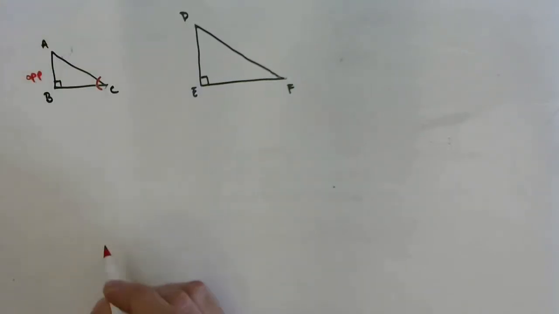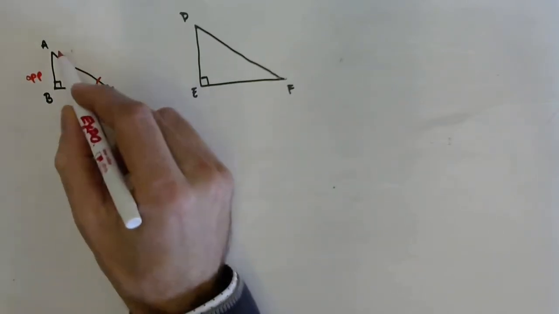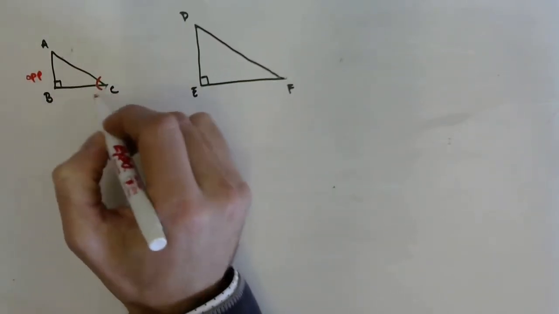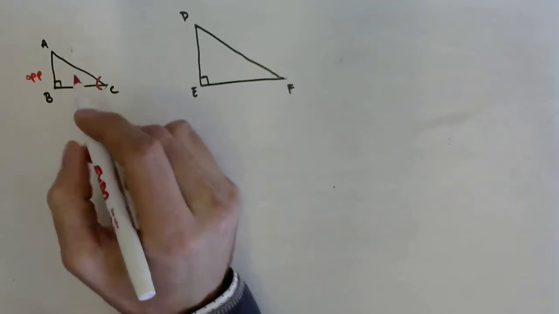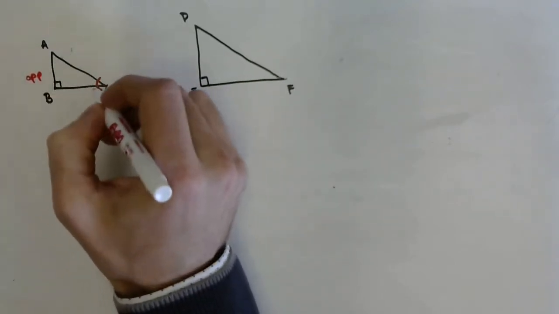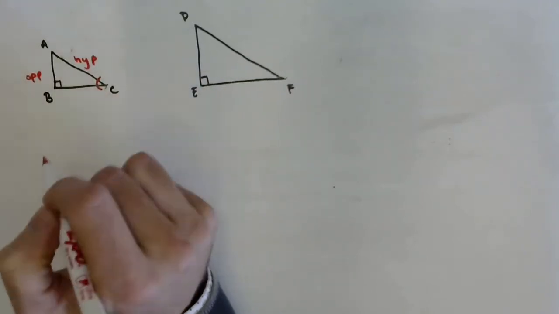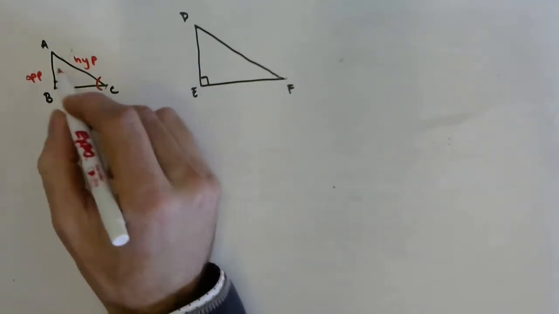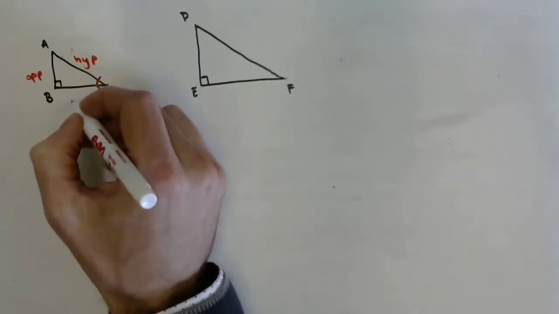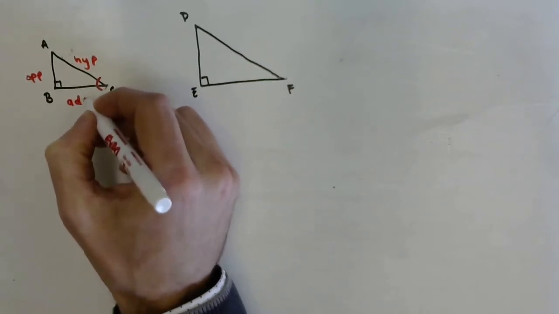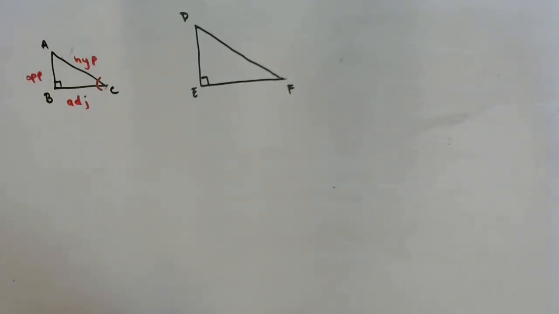That's usually the easiest to identify. And then you're right, there are actually two sides meeting at angle C. So which one do I call adjacent? Well, we know in a right angle triangle that there's one special length called the hypotenuse. So always identify the hypotenuse first, and then the other leg is called the adjacent side.